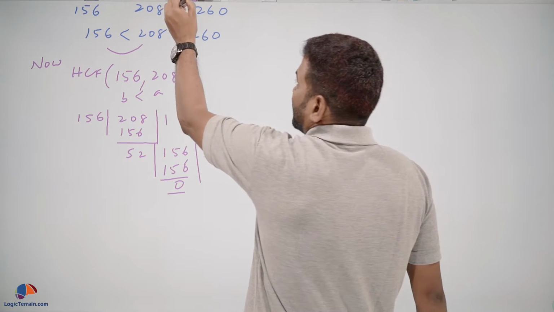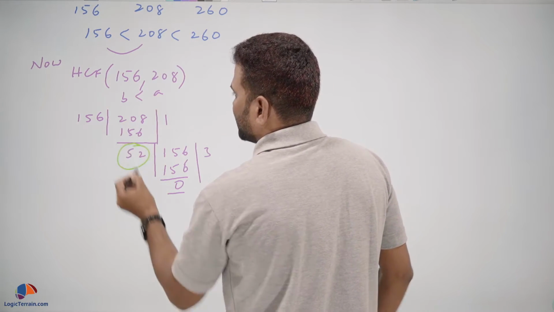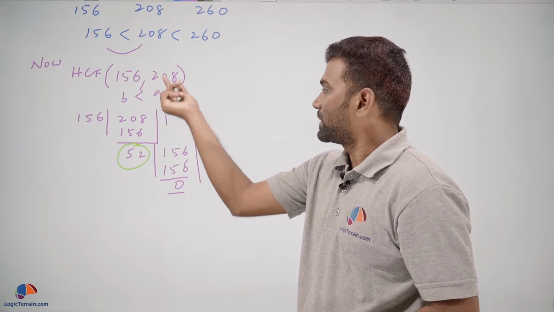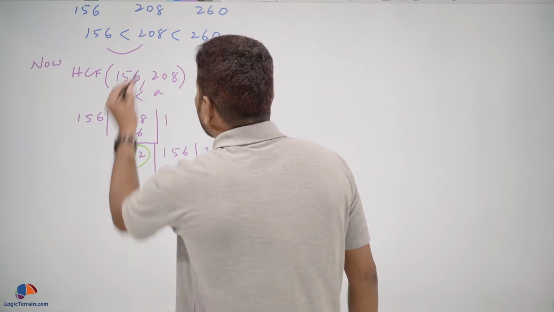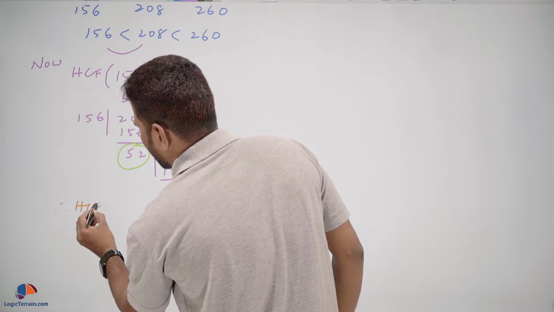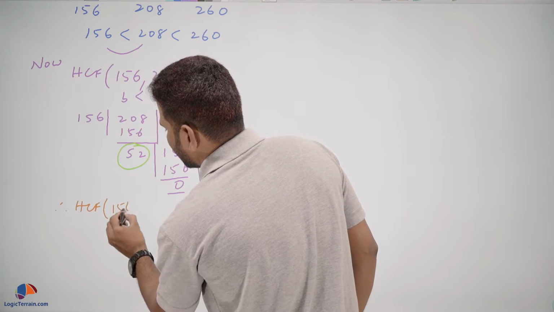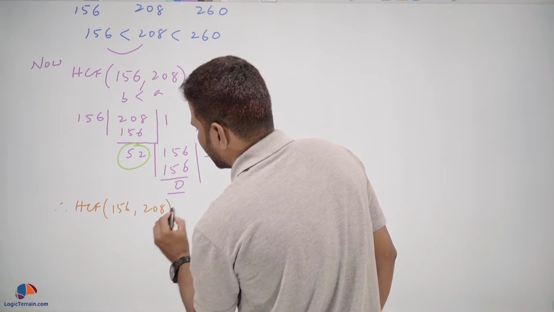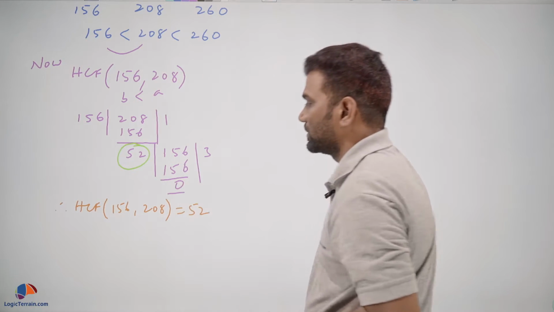So therefore the HCF of 156 and 208 is 52.